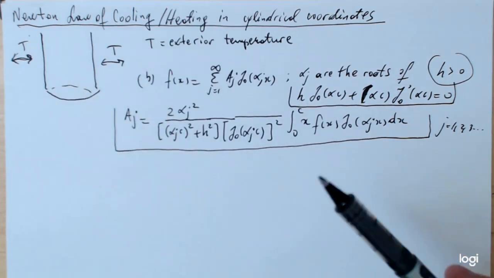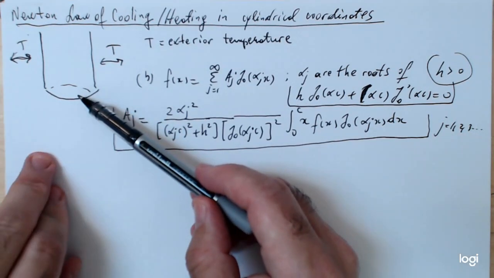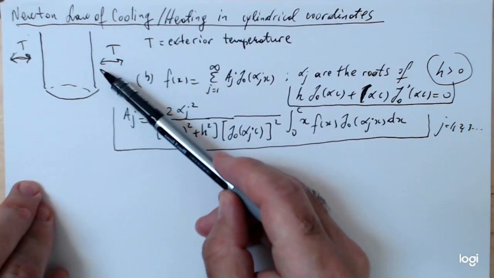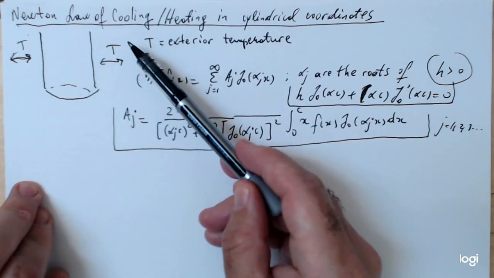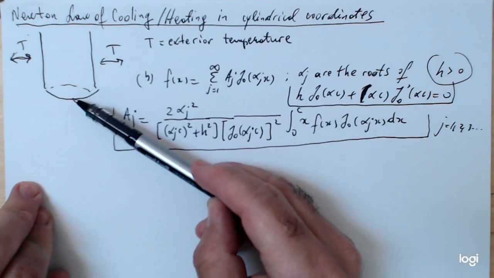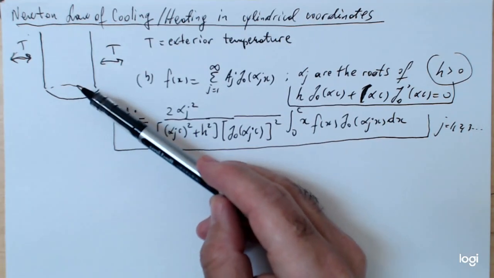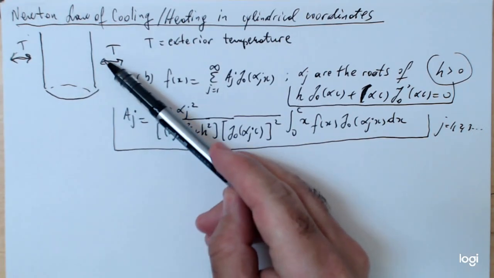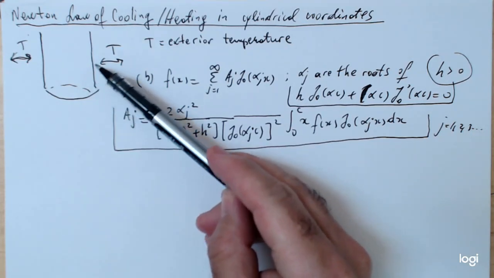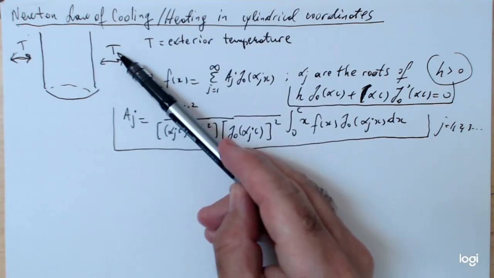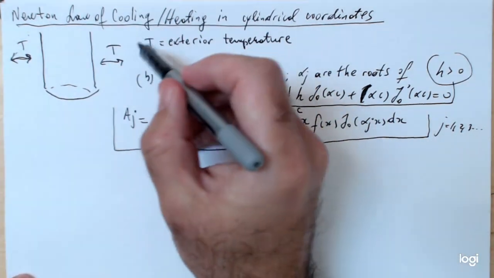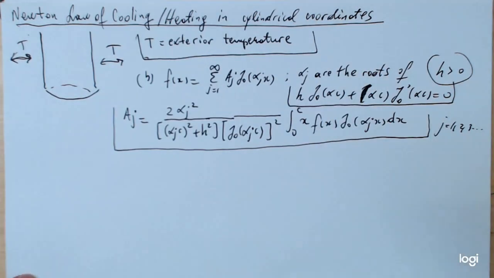Let's say the environment is big enough and the object is small enough that the object doesn't change the temperature of the environment, but the environment will influence the temperature of the object. There is heat transfer from the environment to the surface of the object. The object is modified by the environment temperature, but the temperature of the environment stays the same. So this big T, the exterior temperature, is going to be constant.